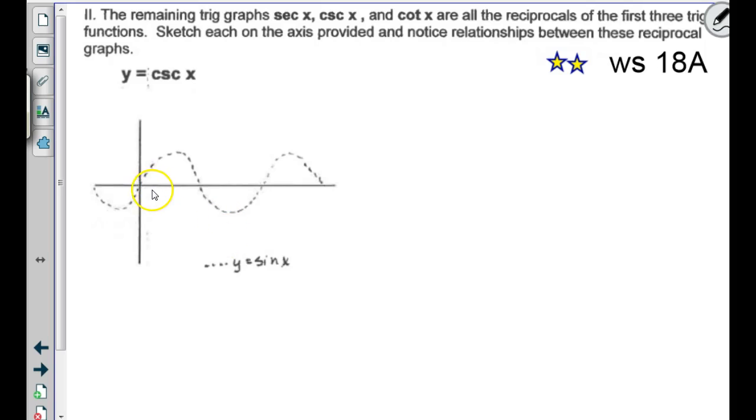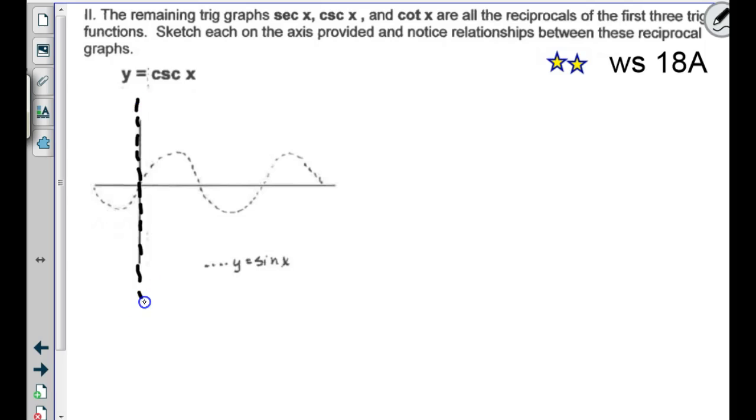Now, what it does is it flips every value. So what is the reciprocal of 0, guys? If this is the sine I've graphed in pencil, and that's what you're always going to do, you're just going to graph the sine graph, okay? The reciprocal of 0 is undefined, so this is going to have an asymptote here.